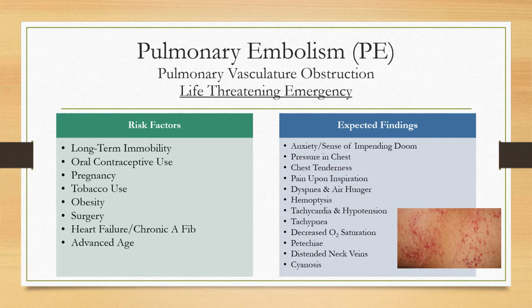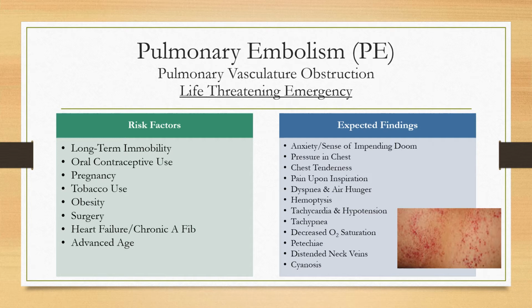Okay. So that's the typical way that they present, but let's look at some of these. So anxiety and impending doom, well, that's because of the shortness of breath, okay? There's been a sudden blockage in one of the pulmonary arteries, which is causing shortness of breath, or sorry, anxiety. Pleuritic chest pain would be the next one.